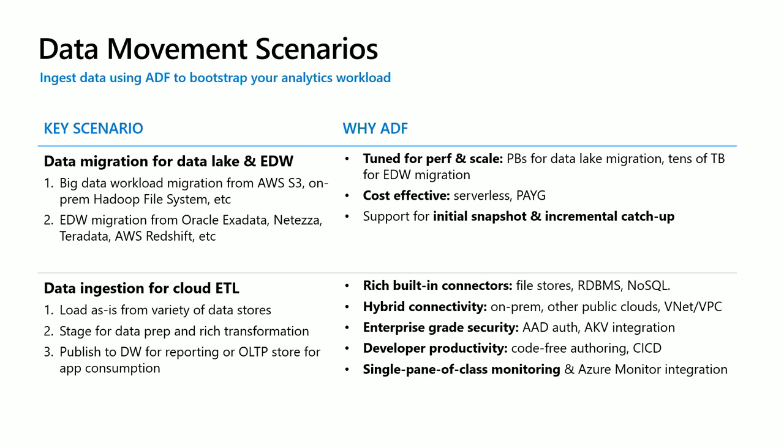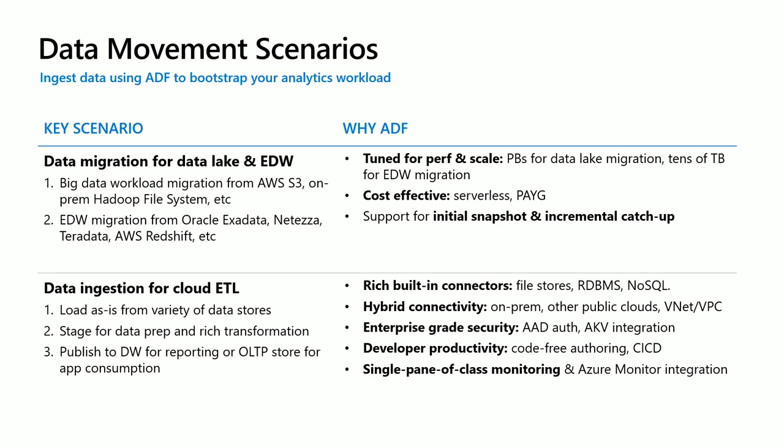For this scenario, Azure Data Factory provides best-in-class performance and scalability. It can handle PB-level lake migration and dozens of TB of warehouse migration. It can tackle both incremental and historical data migration in a pay-as-you-go manner.